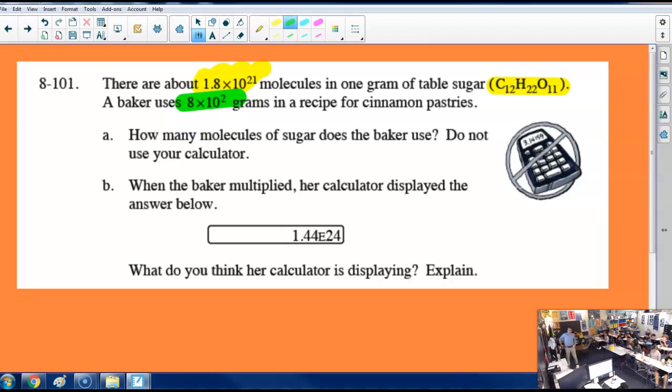So to type this in your calculator, type 1.8, then hit that button. Then make the power 21. Then hit the right arrow to get out of your power. Then hit times and type in 8. Hit the scientific notation button again and make the power 2. Or you could just multiply by 800 because that's probably just as easy.